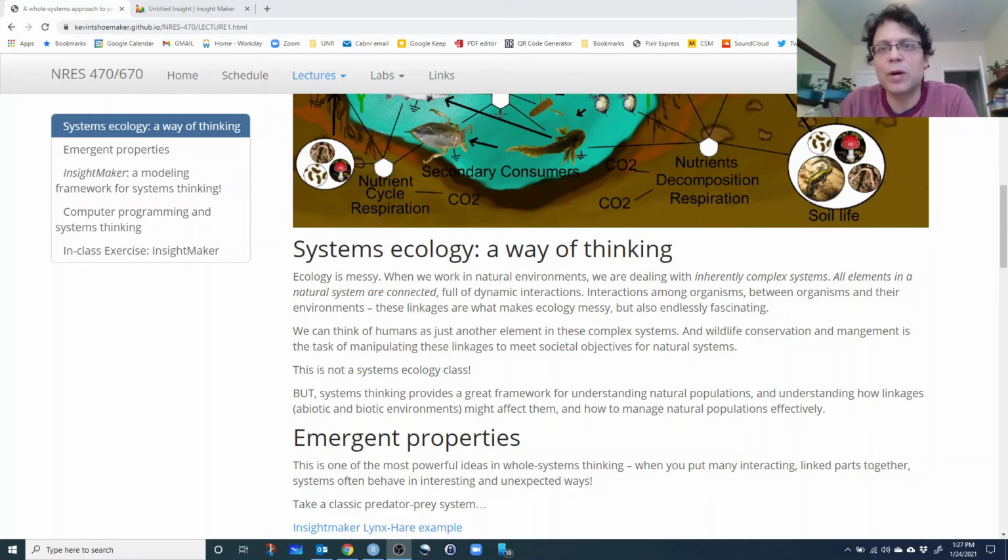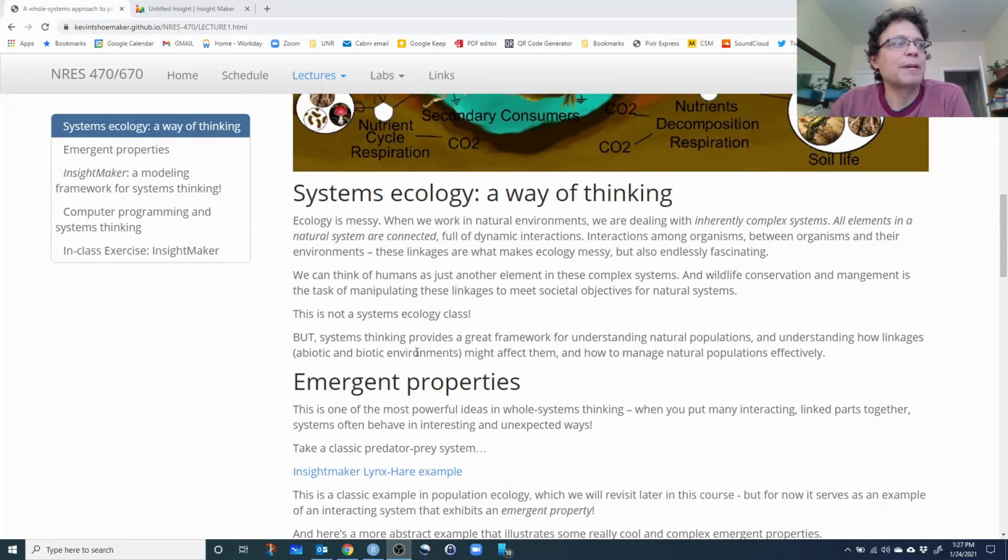The link is in Web Campus and in Top Hat. So please download or use the web version of Beyond Connecting the Dots and read chapter 1, which is all about systems thinking. So one of the most important concepts is emergent properties.